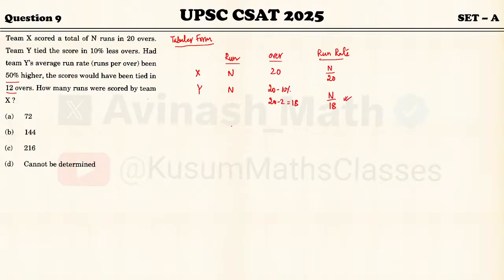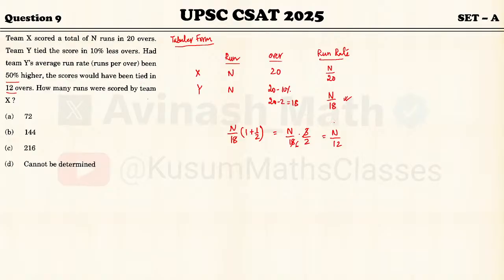It is 50% higher, meaning 1 plus 1 by 2, so it is n by 18 into 3 by 2. This is 6, so this is n by 12, right? Then the score would have been tied in 12 overs, yes?